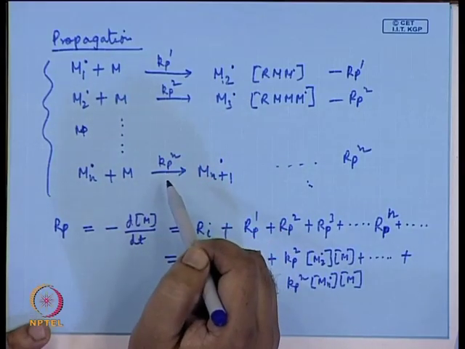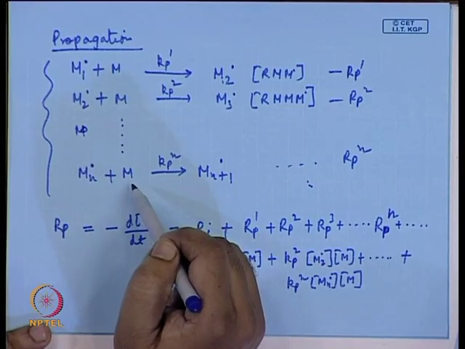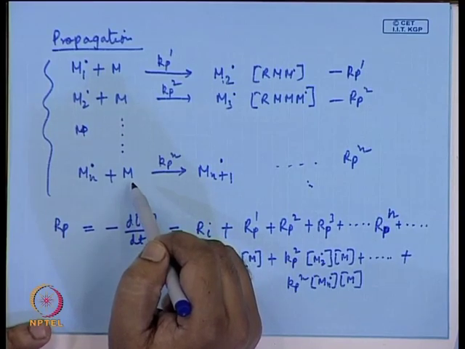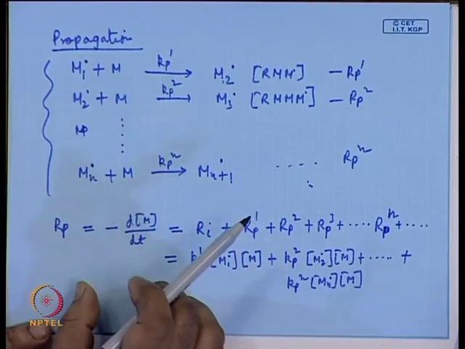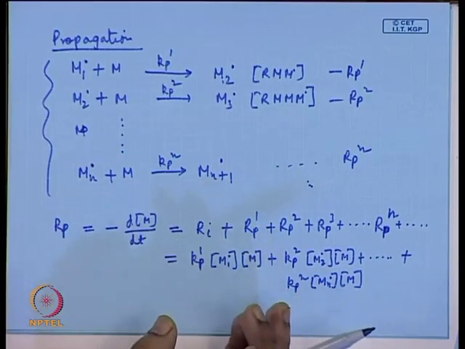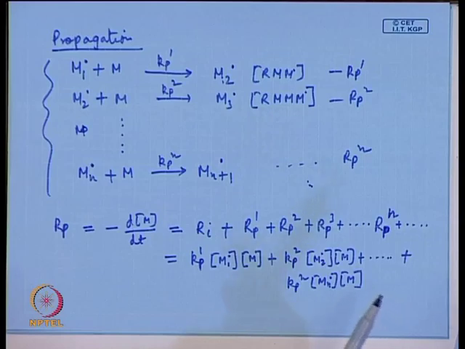It is similar to the assumption we made for step growth polymerization, the assumption of equal reactivity of the functional group. Remember we talked about in step polymerization that the reactivity of the functional group present at the end of an oligomeric chain or a polymeric chain does not depend on what is present on the other side, whether the other group is reacted, or what is the length of the oligomer.